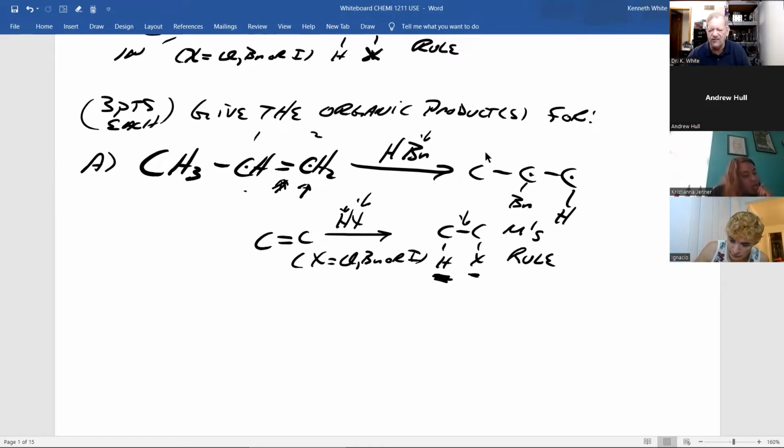And there are 4 bonds to carbon. And that's the product you get. Now, it's very important which carbon gets the hydrogen and which carbon gets the halogen. If you had that switched and put the bromine on the first carbon, I'd mark it totally wrong, because you've shown me you haven't learned Markovnikov's rule.